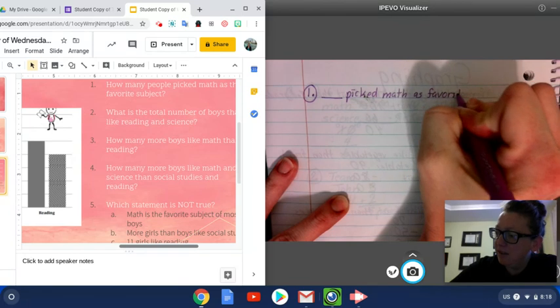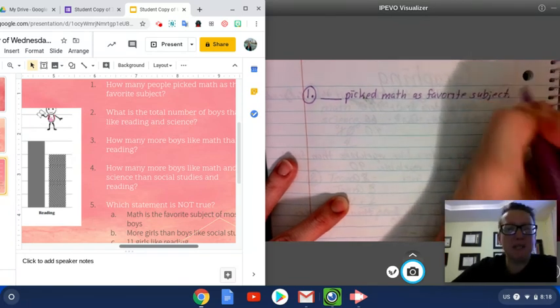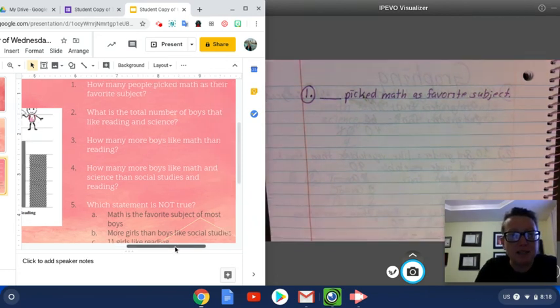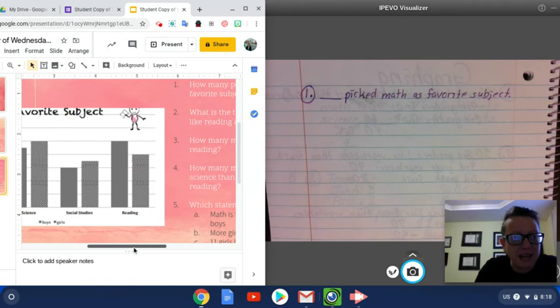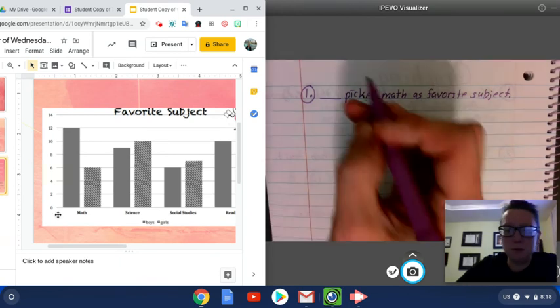As favorite subject. So I'm starting by just restating every question. It says, how many people pick math as their favorite? Now, if I look, the solid line represents boys, and this little striped line represents girls. If I look at the scale, it's counting by twos.